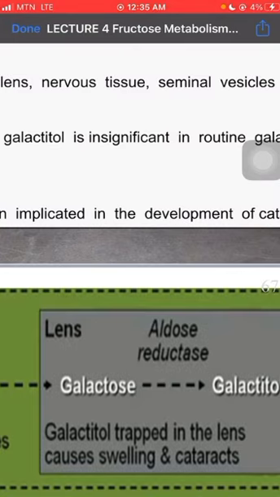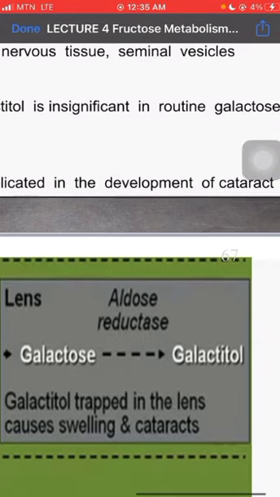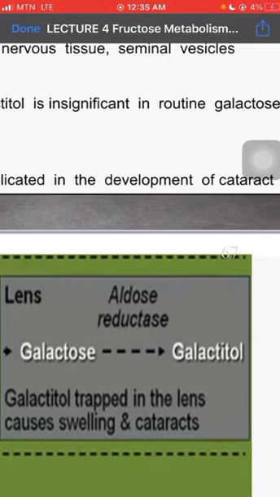And in the lens of the eye, there is this enzyme we call aldose reductase. And this aldose reductase is the one that is going to convert galactose to what? Galactitol. But in the lens of the eye, the enzyme that is going to convert the galactitol further to glucose is absent. Put that in mind.